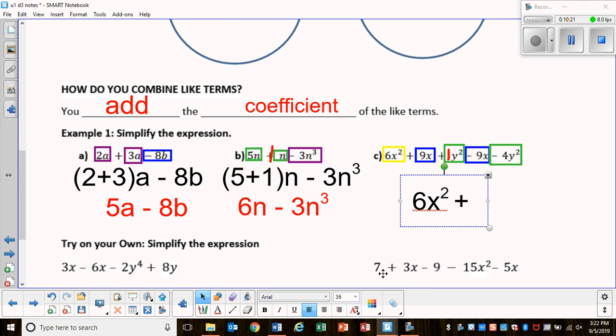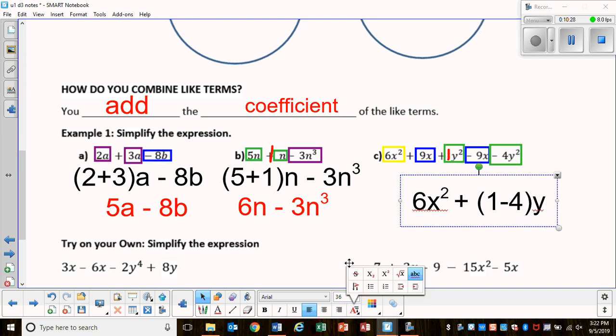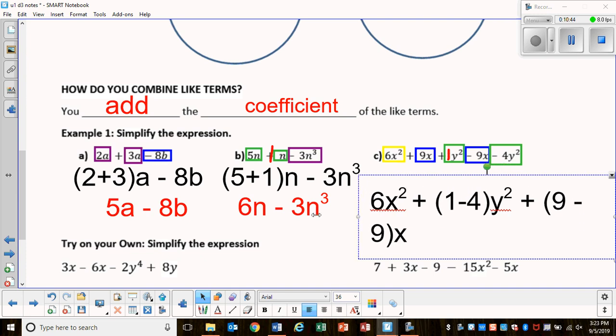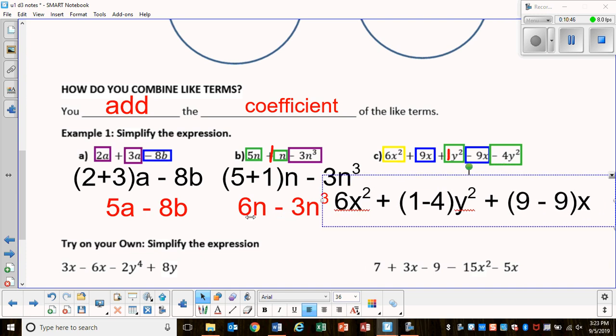So now I have 1 minus 4 for the y-squareds. Okay? And then, for the x's, I've got the 9 minus 9 x's. Okay? So now that I've combined my like terms, I can actually do the math for it.